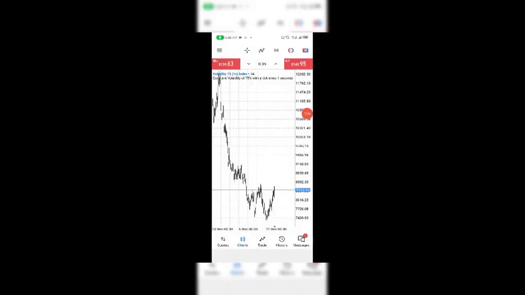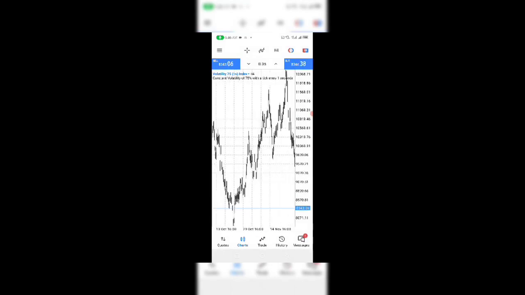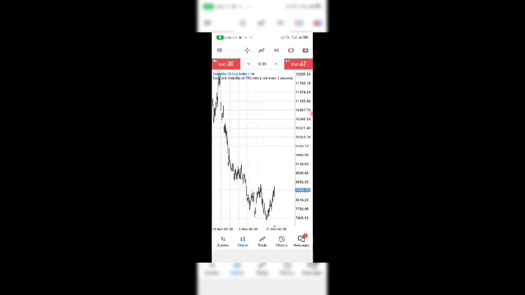Okay, this is Volatility 75 (1s) on the H4 time frame. You see, what people do is they just look at the 1 minute time frame, and other lower dimensional time frames like 5 minutes, 15 minutes, and just like that, they have started making their trading decision. It's not that they cannot go to other time frames, it's just a bad habit that they don't have the skill of doing top-down analysis.